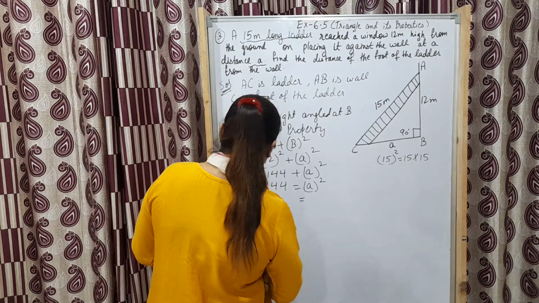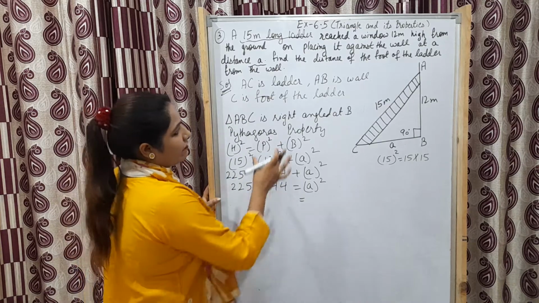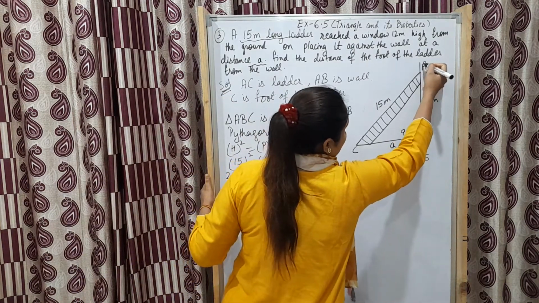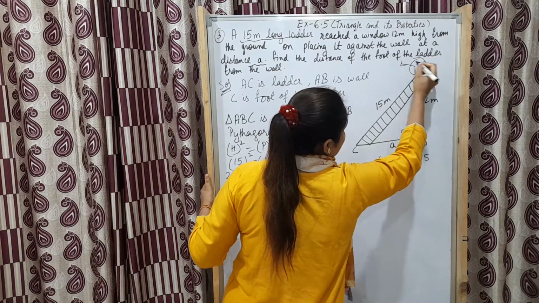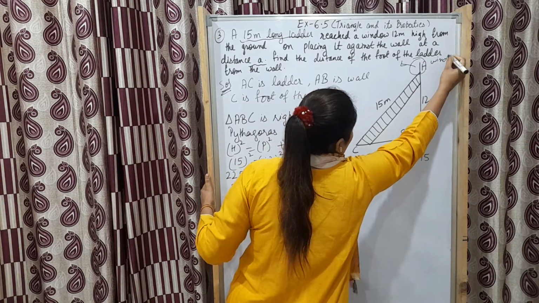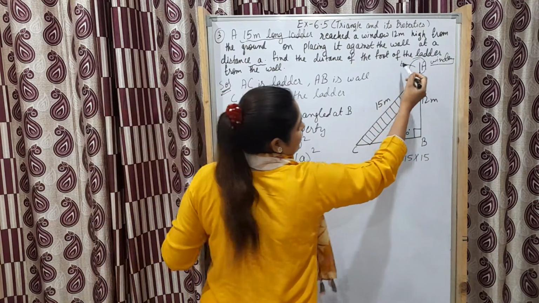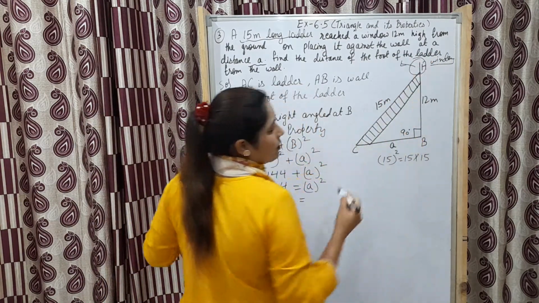Yes, students, remember one thing also. Whenever you do this question, you have to write here also that here is a window. I didn't write the window. You can show it here a little bit.